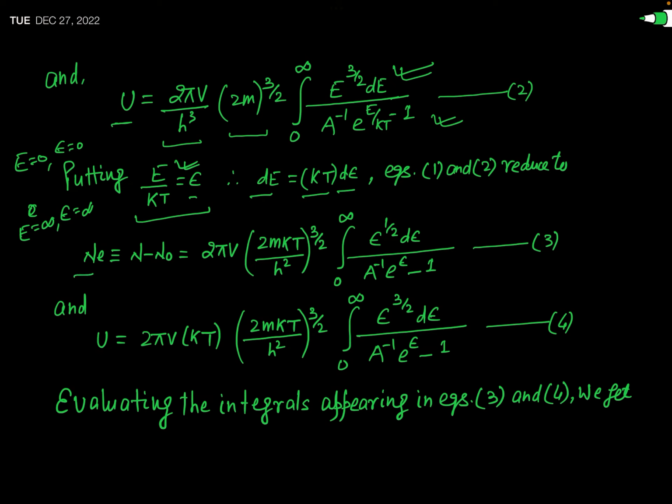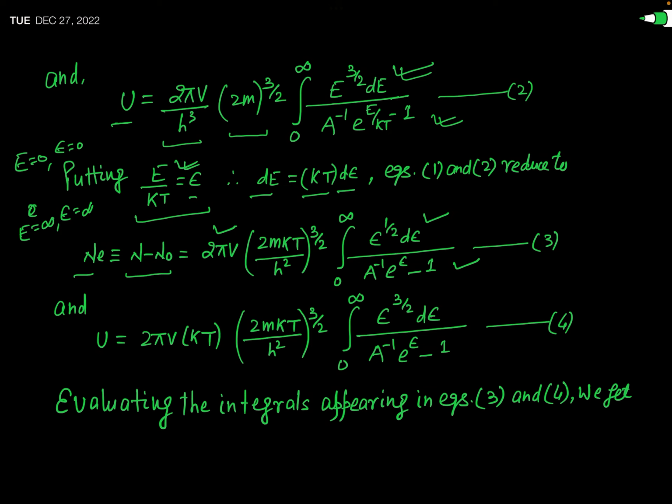So in terms of this epsilon, the above two equations you can write like this. This N(E) is equal to N minus N0 equal to 2 pi V times (2 pi m kT divided by h square) to the power 3 by 2 and integral 0 to infinity epsilon to the power half d epsilon over A inverse e to the power epsilon minus 1. Okay.